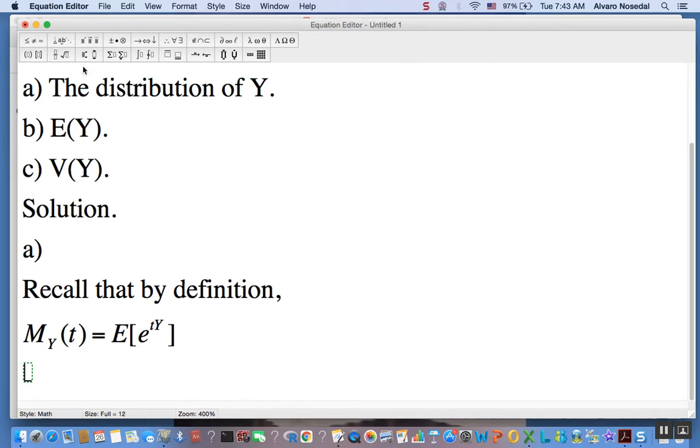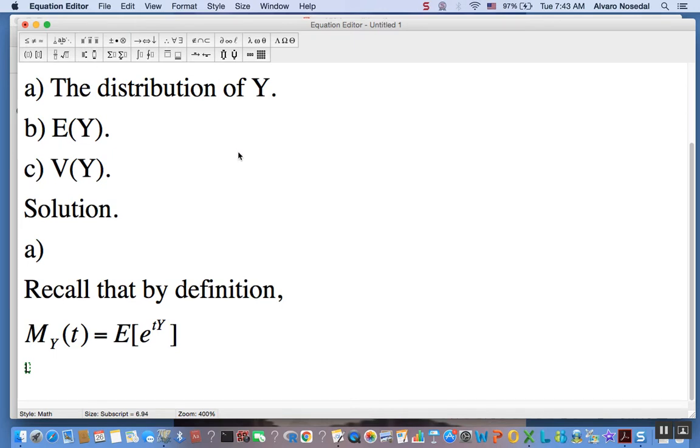Let's try and think of this in terms of where the probability mass function could appear. We know that the expected value of a transformation would be the sum for all y's of the transformation evaluated at a particular y times the PMF, the probability mass function of the random variable y.